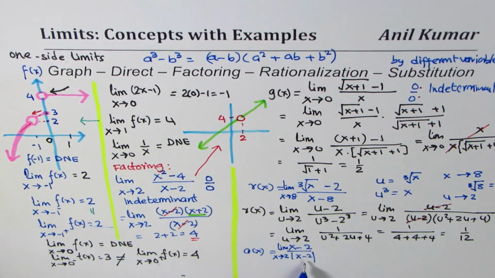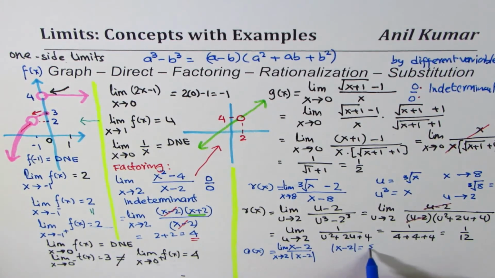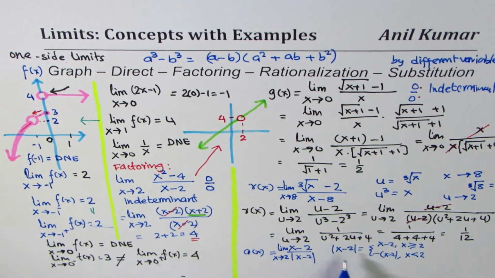Whenever an absolute function is involved, we have to split it into two different pieces, since the absolute value of x minus 2 is equal to x minus 2 for x greater than or equal to 2, and is equal to minus of x minus 2 when x is less than 2, right? So when you solve it on both sides of 2, you'll find that it approaches different values, and this limit does not exist. So we get this result as it does not exist.